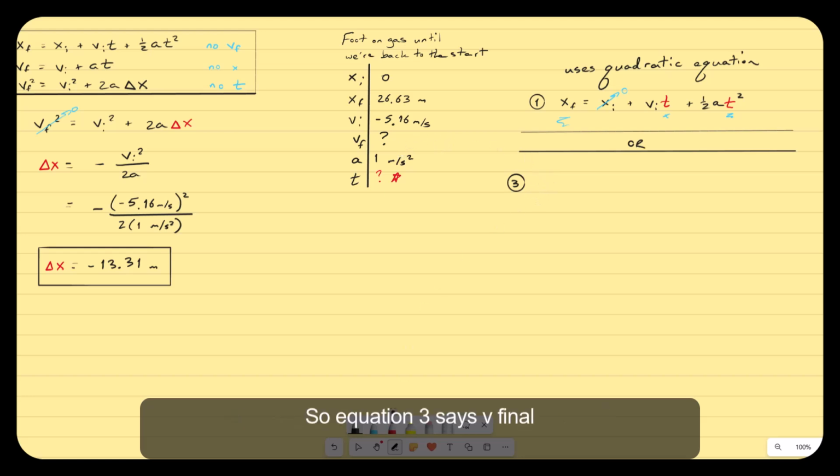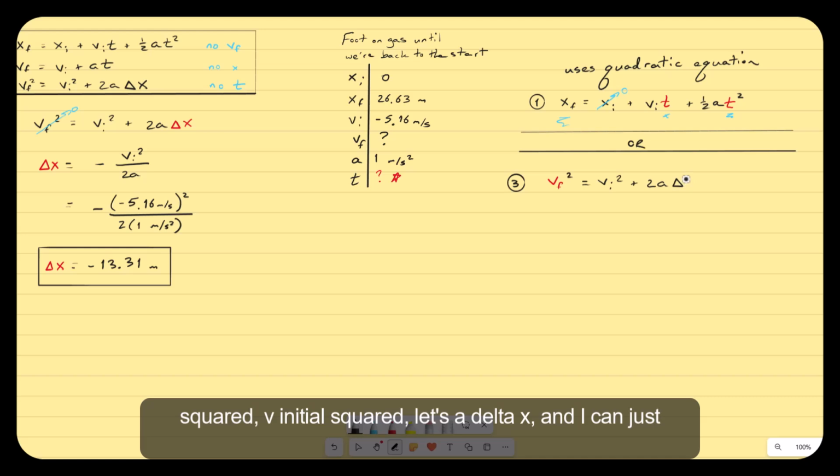Once I have that, then I can use equation 2. So equation 3 says V final squared is V initial squared plus 2a delta x. And I can just plug in right away.